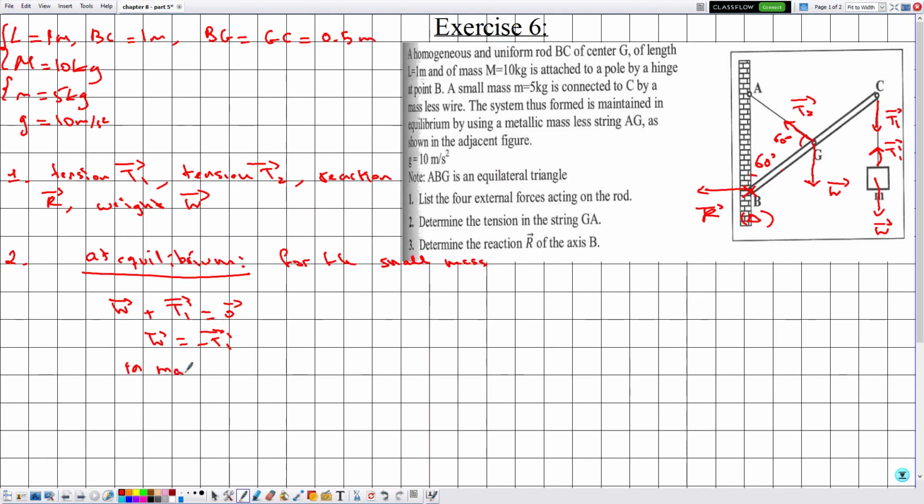Then in magnitude, W is equal to T1 prime, and the magnitude of W is given by m multiplied by g. Here we are talking about the small mass, which is 5, multiplied by 10, equal to 50 newtons. Then T1 prime is equal to 50 newtons, and it is equal to T1, since the string is inextensible.